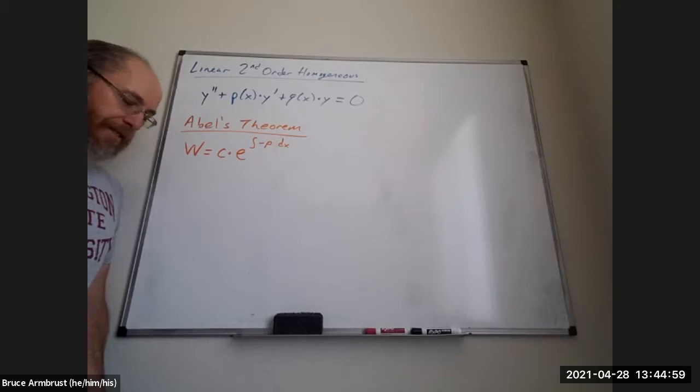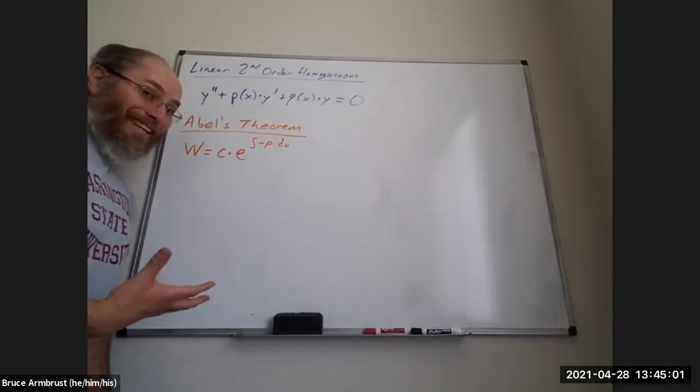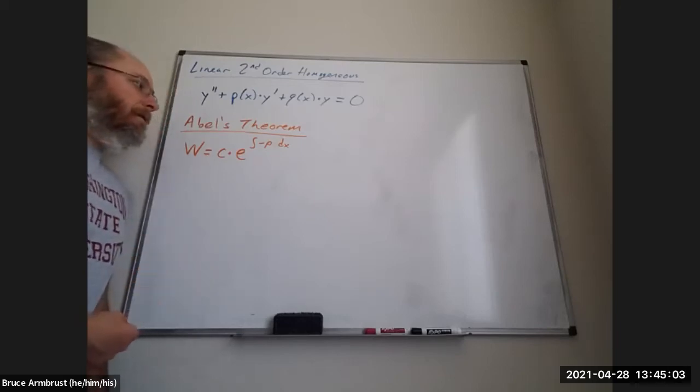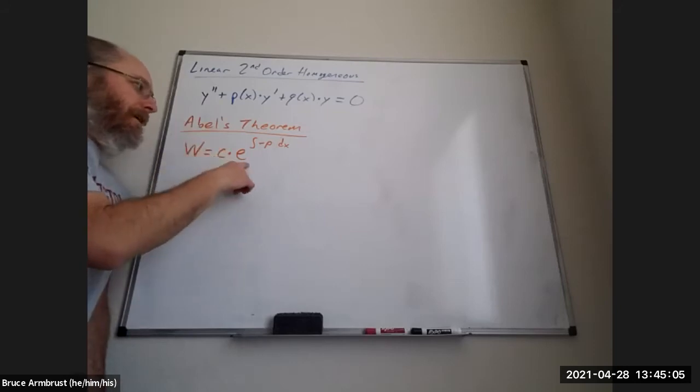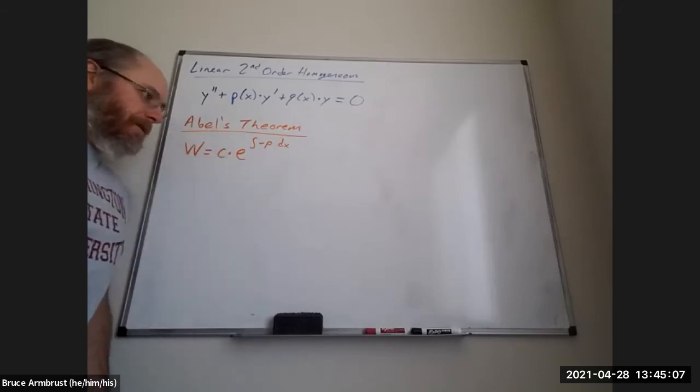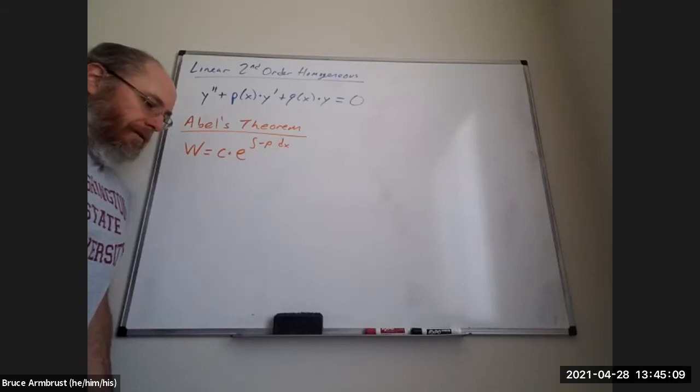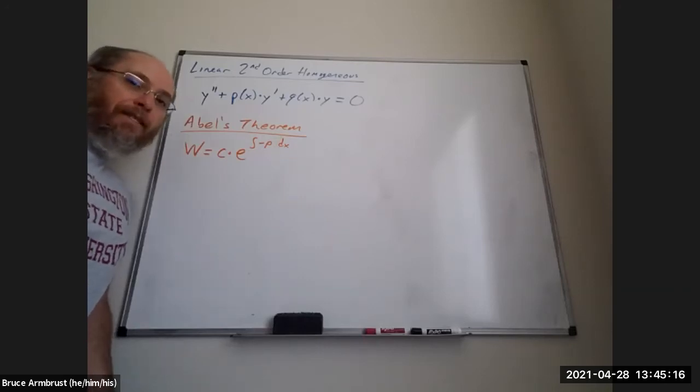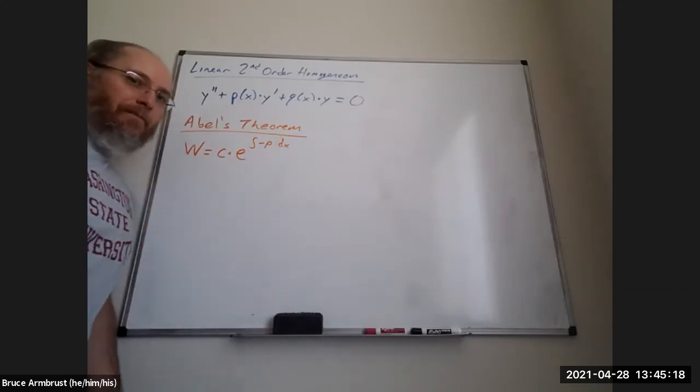So basically, it's going to equal some constant times e to the integral of minus p. So we'll know the Wronskian at least up to a constant multiple.